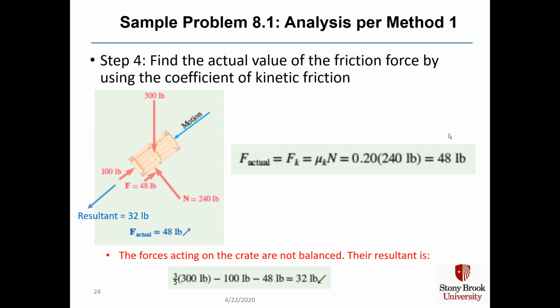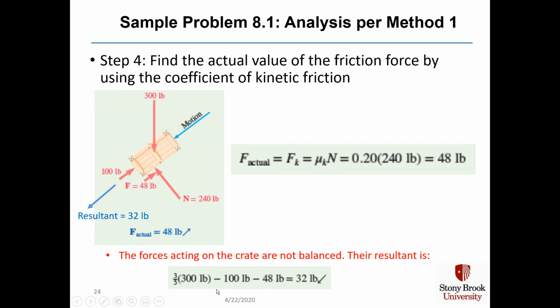Step 4, we find the actual value of the friction force by using our coefficient of kinetic friction. We take mu sub k of 0.2 and multiply by 240 pounds to get 48 pounds. We put all the forces in to try to understand what is the force that will actually accelerate the crate down the incline. We've got a 100-pound force acting up. We've got 3/5 of this 300-pound force, which is going to make the crate move down the ramp.